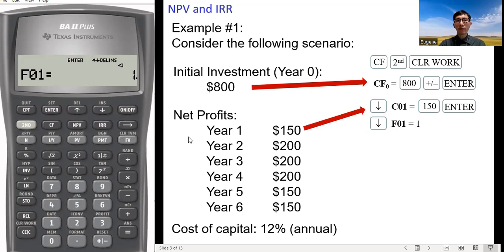And then the next value, 200, corresponds to the net profit by the end of year 2, 3, and 4. So we can enter all this net profit in C02 with a frequency of 3.